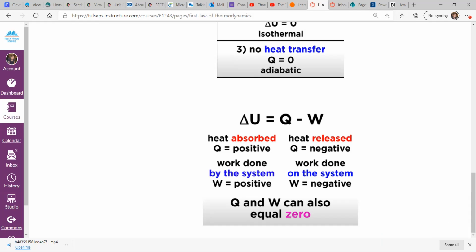we can rearrange that equation. I'll share a whiteboard, here we go. So I'll retype that equation. Delta U equals Q minus W. If we rearrange that equation, we can get Q by itself by adding the work to both sides.